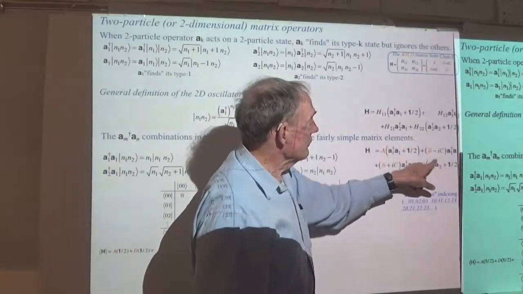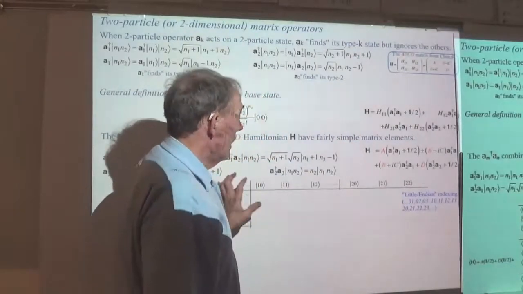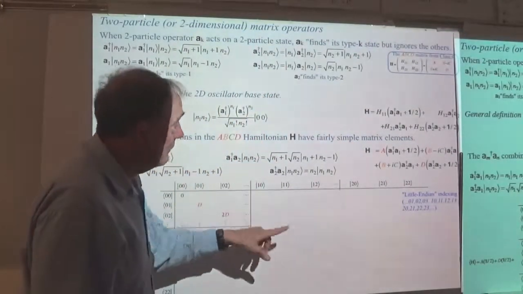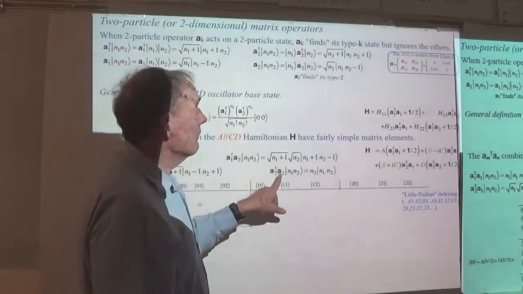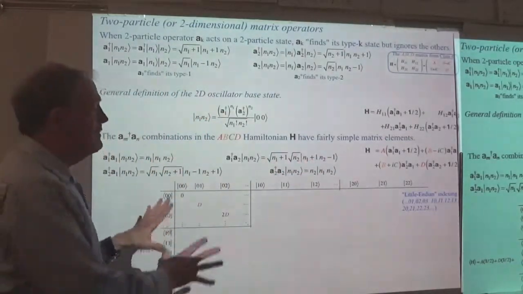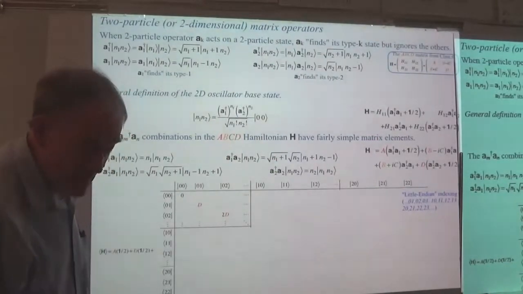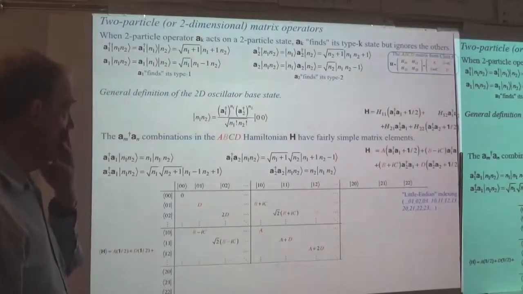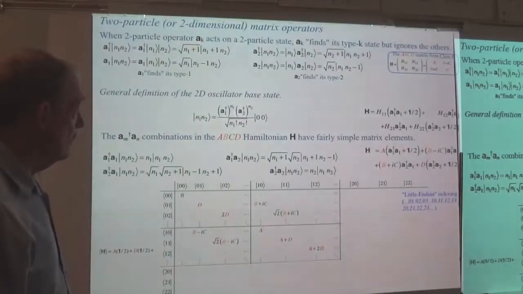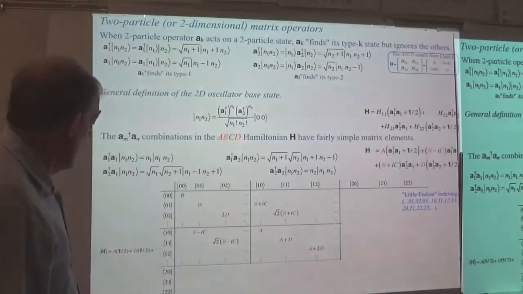The diagonal operators have this extra vacuum term, but aside from that, we're just loading up numbers for this very nebulous, very open sort of matrix. Okay, so it's not a difficult thing to just write down what you get from each of these things.